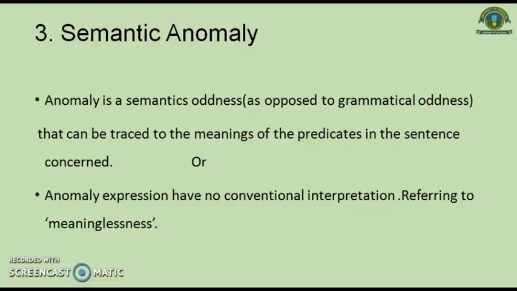So we may say that anomaly is a violation of normal semantic rules that creates nonsense, which may be irregular, contradictory, or inconsistent. Furthermore, an expression is anomalous when the meanings of its individual words are incompatible.